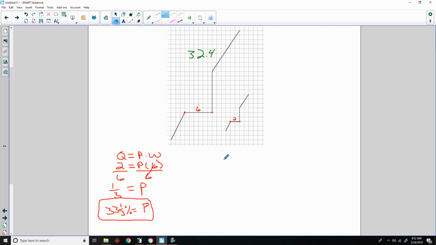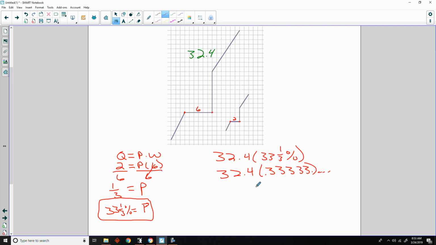So now I take that 32.4 and multiply it by my percent scale. 32.4 times 0.3 repeating, and that's repeating.